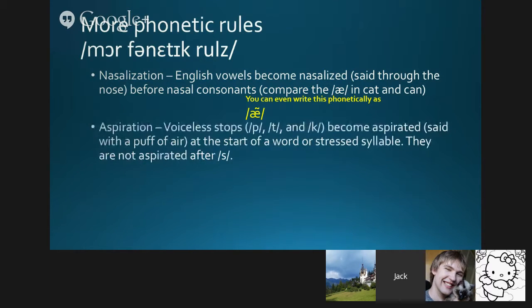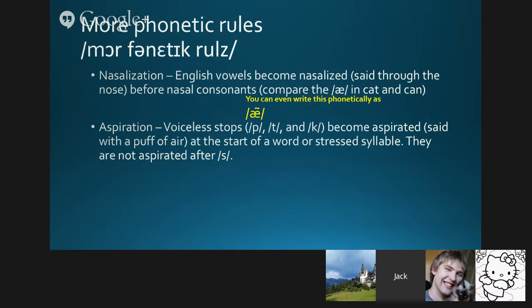The next is a big one. You've probably heard of this, though maybe they didn't tell you what it was called. This is aspiration. The voiceless stops, p, t, and k, are aspirated, which means that they're said with a puff of air at the start of a word or a stressed syllable. If you put your hand up to your mouth and say p, you should feel a puff of air.